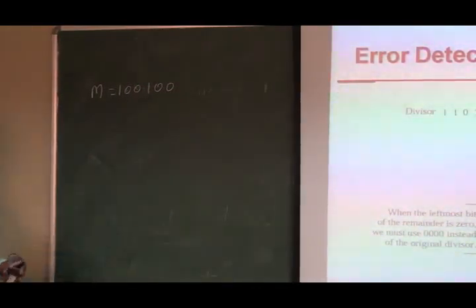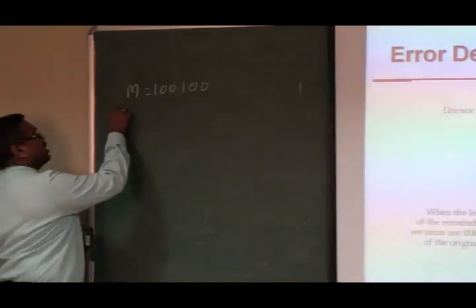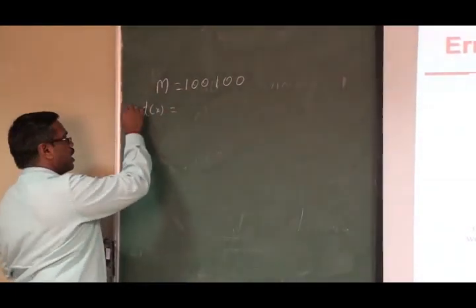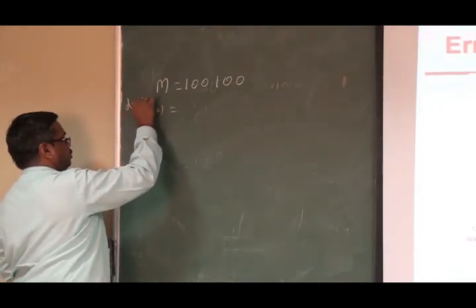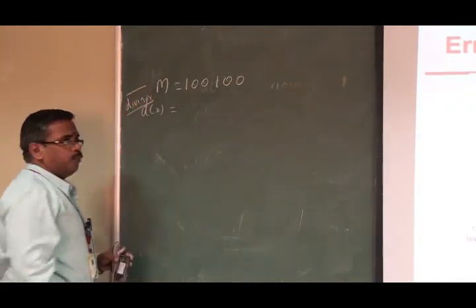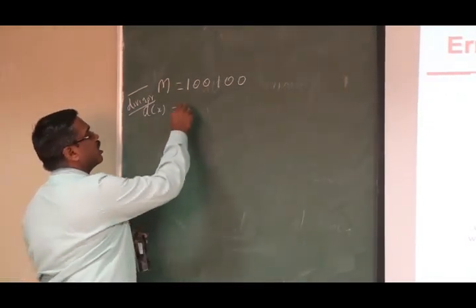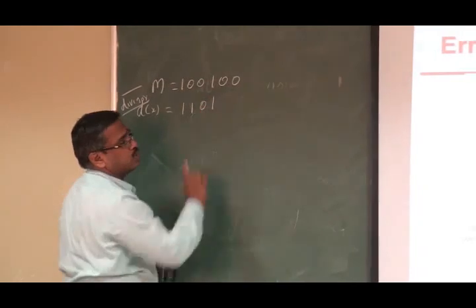And what is the divisor d of x? This is the predefined binary number. Here it is given as 1101.